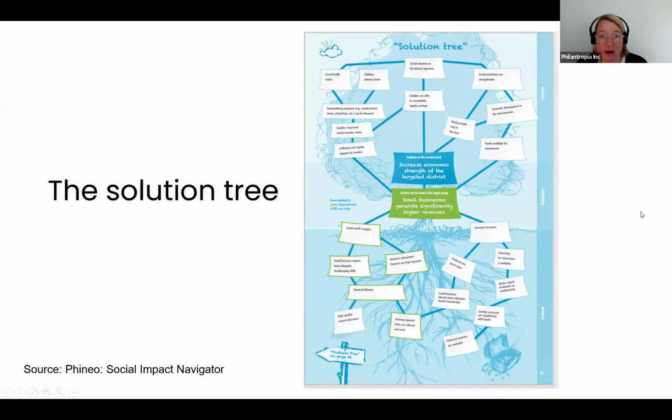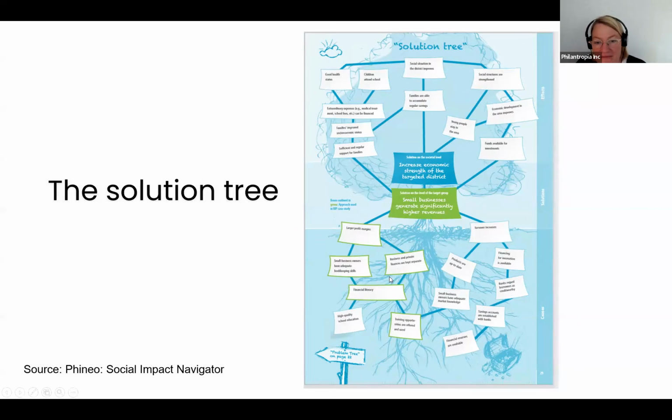Once you have the problem tree, you put that into a solutions tree, which is basically the other way around. You put all those negatives that you have in the problem tree into positive language. If we stay with the same example, high quality school education leads to financial literacy, that leads to small business owners having adequate bookkeeping skills, leads to larger profit margins, leads to significantly higher revenues.